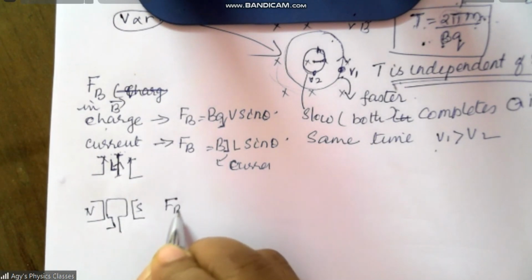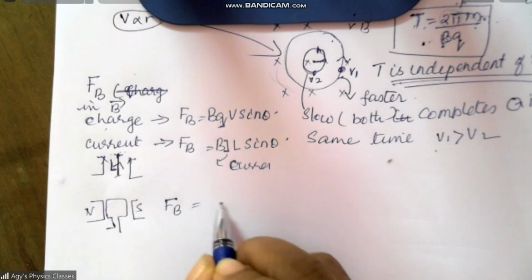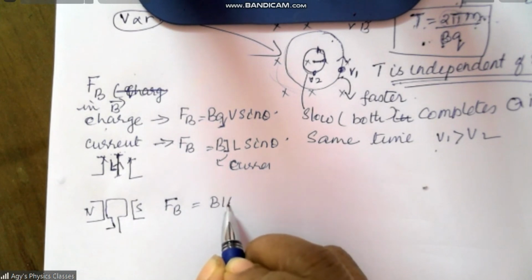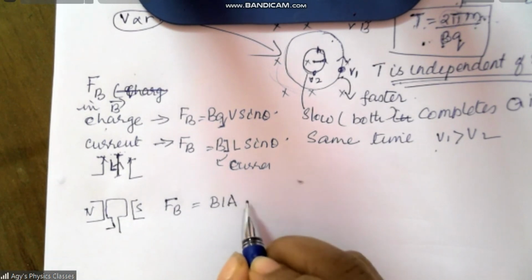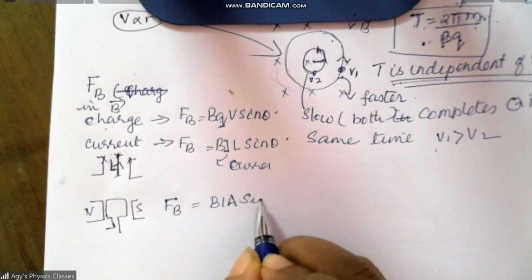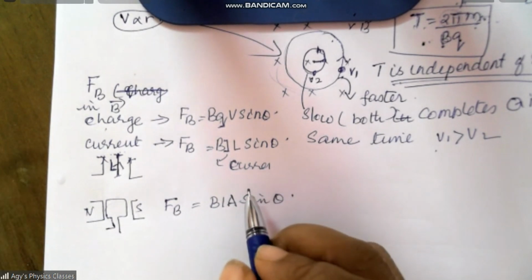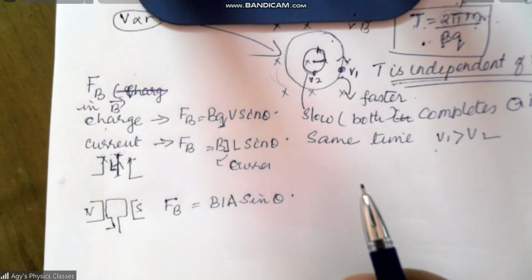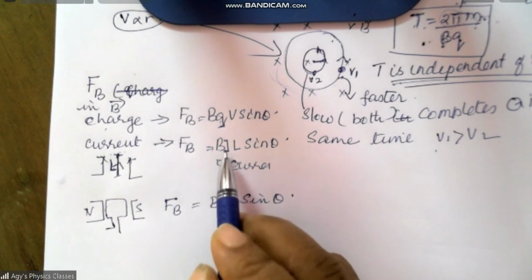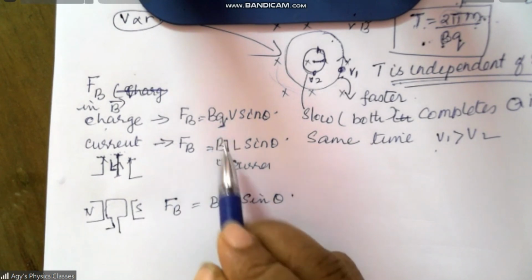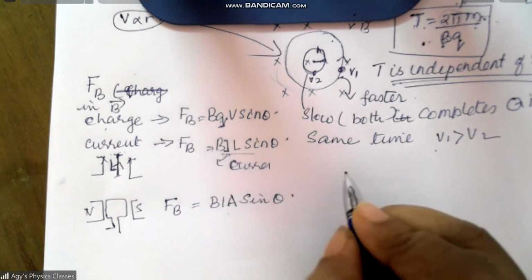Then the force due to magnetism on the loop is equal to BIA sine theta for one coil. If you have got many, N. You know how you got this from this? How?